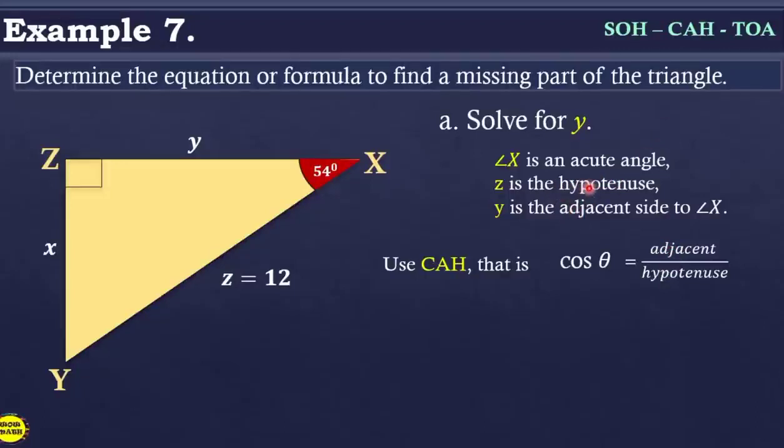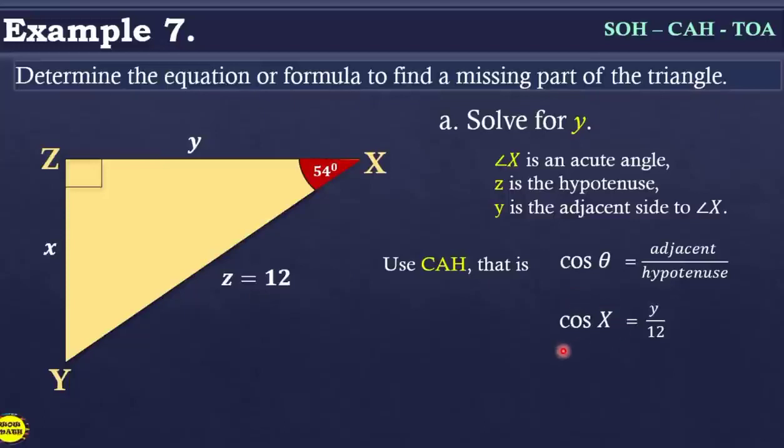So, cosine x, kasi ano ba yung angle mo? Ano yung angle na given? Pag ganito, angle yan. So, ano yung angle? X. So, cosine x is equal to your adjacent. Ano ba yung adjacent dito sa angle na to? Y. And then, hypotenuse is 12.